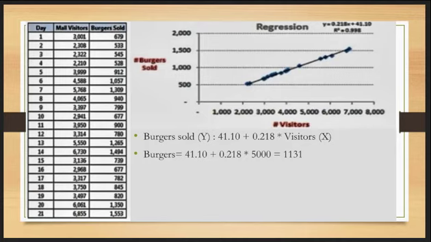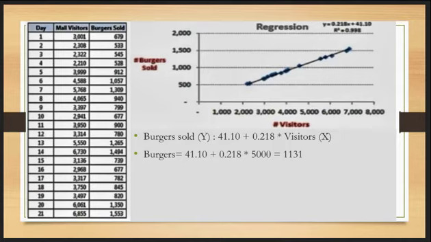The number of expected visitors in the next 30 days is 5,000. How many burgers will be sold? So we should replace x with 5,000 in this formula. What do we have? 1,131. Okay? This is the amount of sales that we predict for 5,000 visitors.